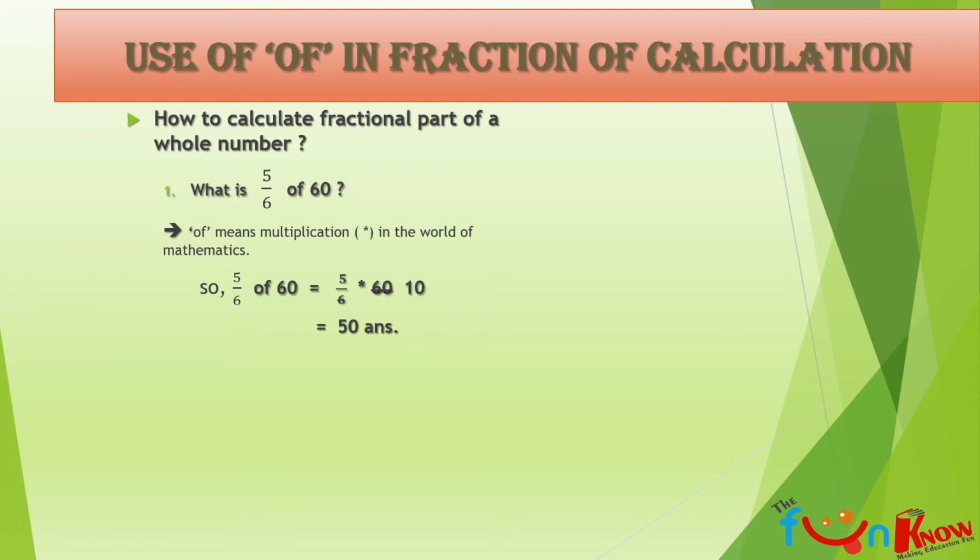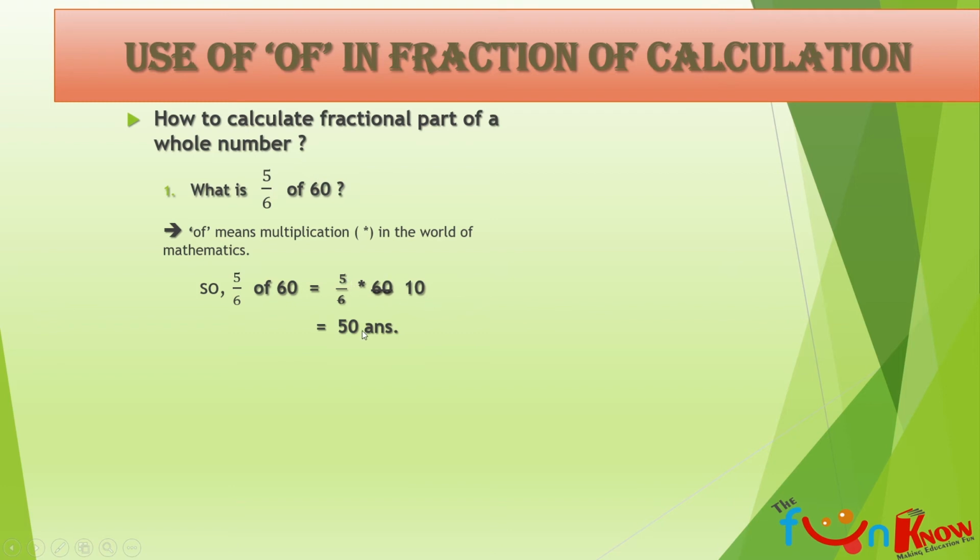If this is the question you are getting, 'of' means multiplication. So 5 by 6 of 60 means 5 by 6 into 60. What you can do is, 6 ones are 6, 6 tens are 60, so you can just cancel this value. So it will be 5 and 10, the new values, 5 into 10, 50.